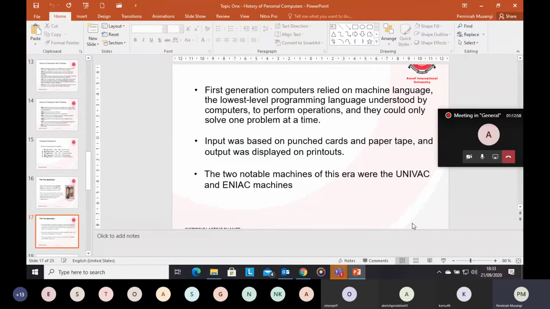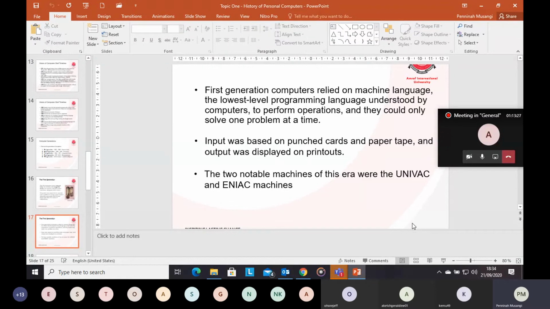Like today, if you are typing, you input through a keyboard. That is, you are sending the instruction to type this. Then the computer outputs to you through a screen, so you are able to see what you are typing. If it's a calculation, you calculate 1 + 2 + 2, you enter through a keyboard, then you are able to see through the screen that this is the answer.